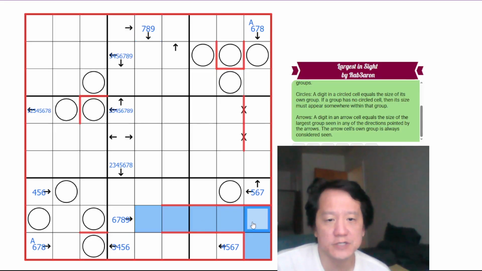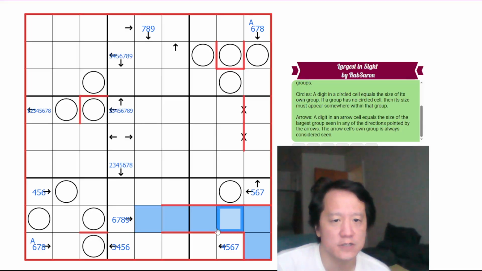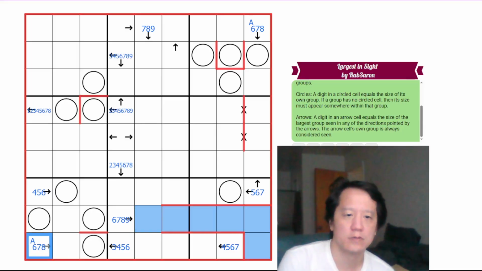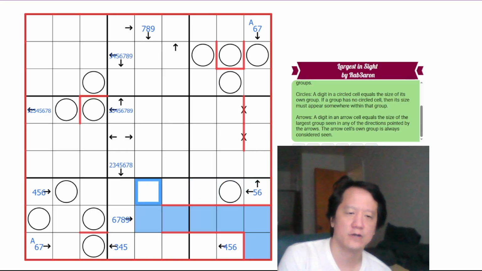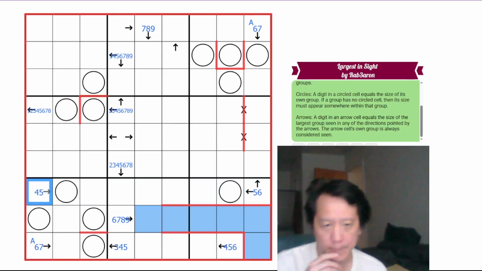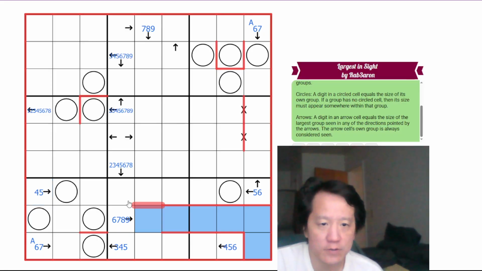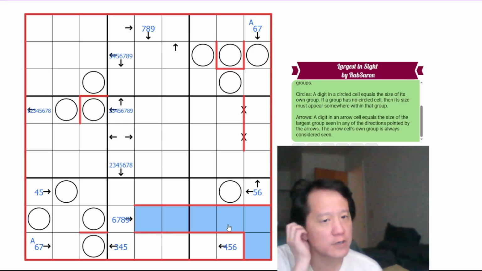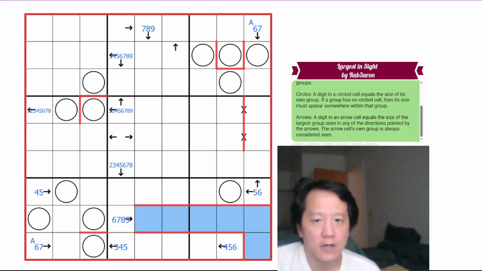So this is only size 6 or it's size 7, which means this is less, so no 7, no 6 there. This is less, no 7, no 6 there. Obviously, this can't go that way. This can't go here. If it goes there, this is the same digit.